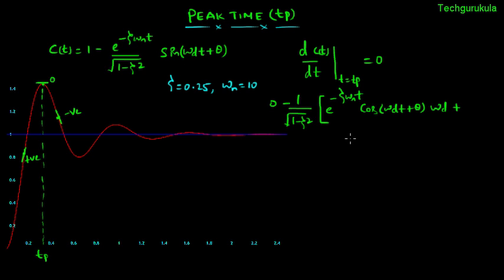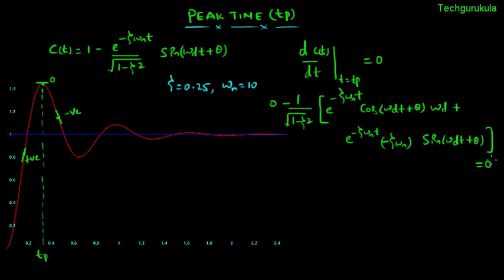So let me write it here. We have e power minus zeta omega n t. Differentiation of this will be the same, but we have the exponent factor which is minus zeta omega n. So this will be the differentiation of the exponential term times sine of omega d t plus theta. This value should be equal to 0 as t is substituted with Tp. So let me not substitute it now. We'll do that later.